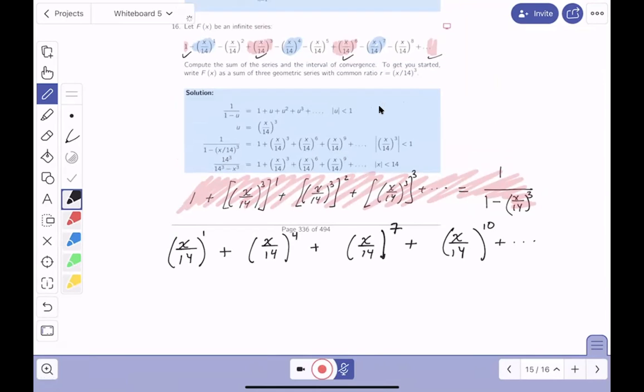And now I'm doing this one, right? 1, 4, 7, 10. Gone up by 3, right? Well, let me write this down. Let's see what happens.